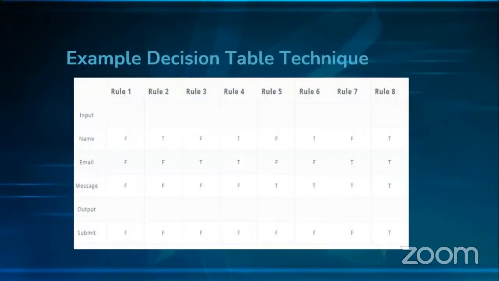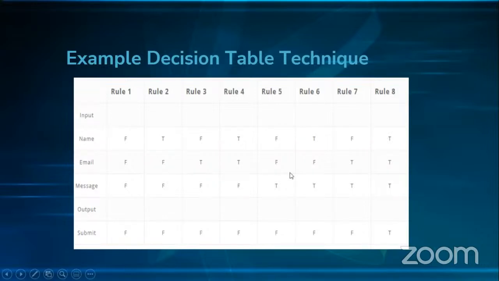Let's take it. These are my inputs. In my name, I didn't put a name. That's why you see the F and T here, false, true. So take the first name. So we've got my input value. This is what I've inputted.